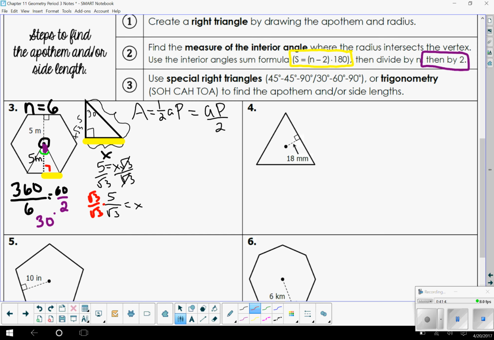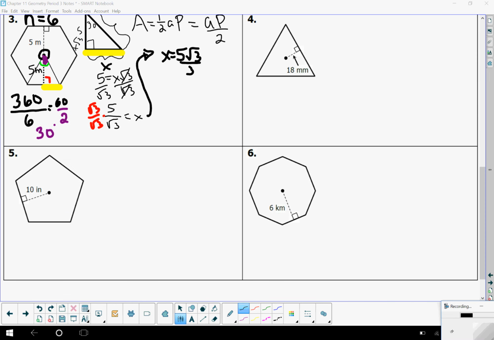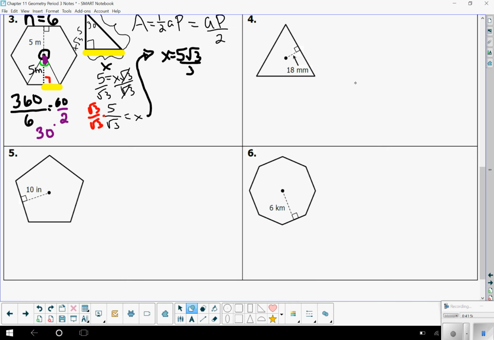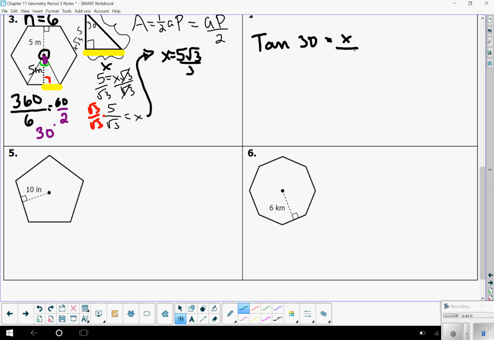I'm still writing. So you could do tan of 30 equals x over the number. I'm going to cover up 4 for a second. If we were to do tangent, it would be tangent of 30 equals x over 5.